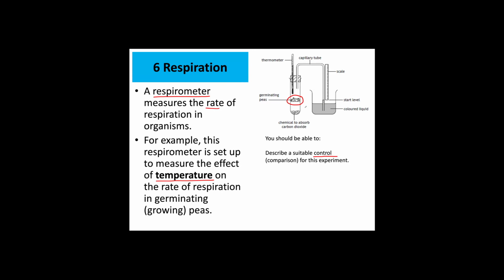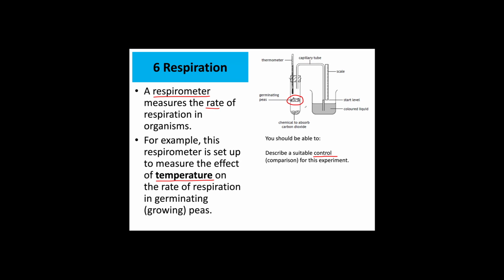Now, in an experiment, we're only allowed to change one thing, and we're already changing the temperature. So, if we are going to replace these germinating peas, we have to replace them with something very similar. The most common thing we do in these experiments is we either put in some glass beads that are roughly the same size and mass as the germinating peas, or we can boil the peas.